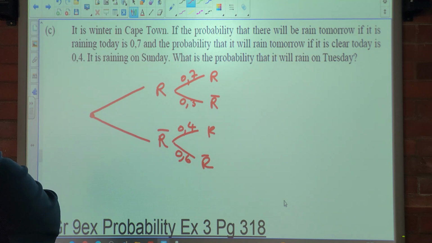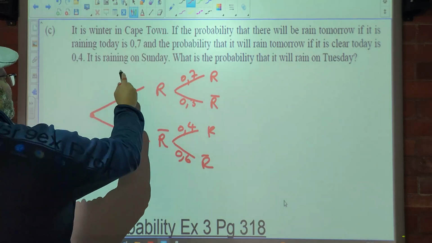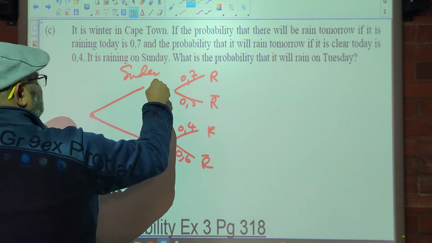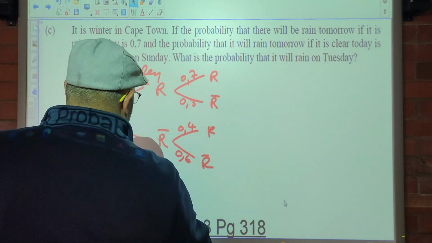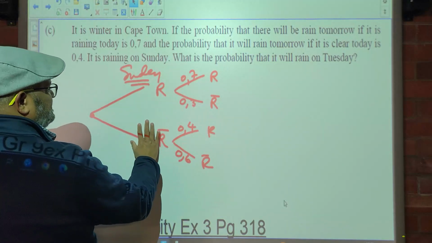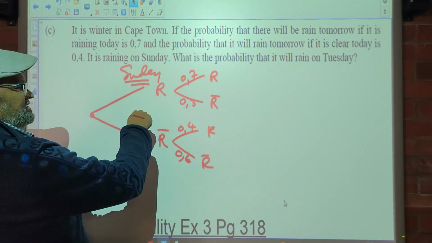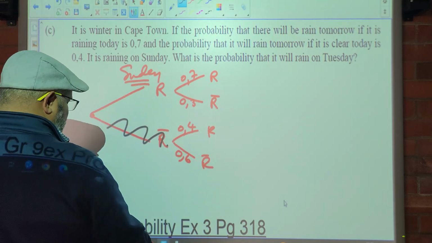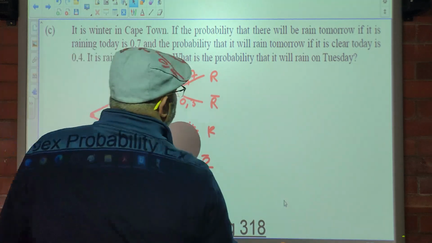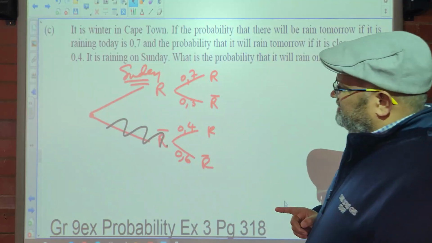Exactly. Which is raining on Sunday. So this is Sunday. Okay. If it rains on Sunday, so then this branch doesn't then exist. Okay, because it is raining on Sunday. So that one is gone. If it rains on Sunday, what's the probability that it will rain on Tuesday?